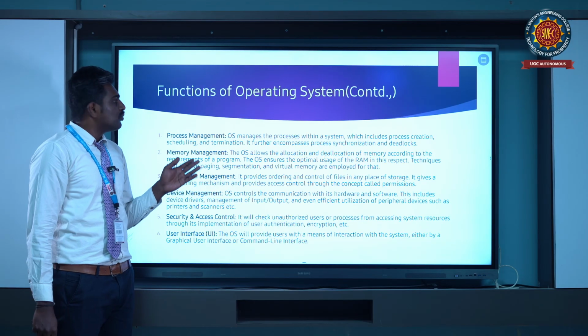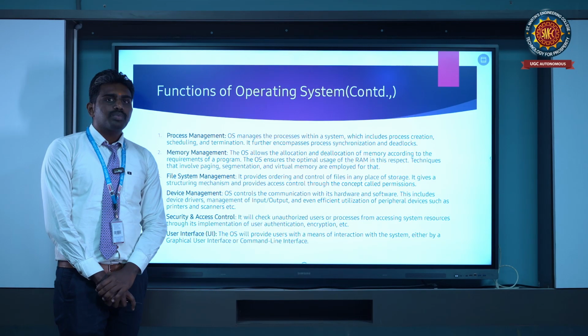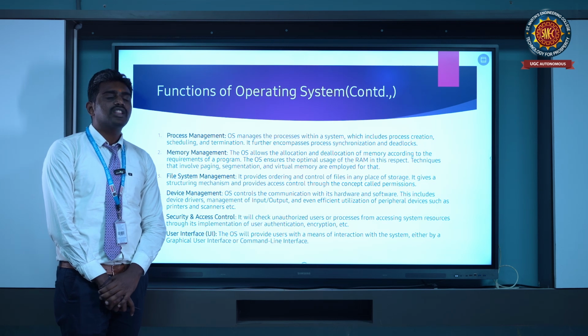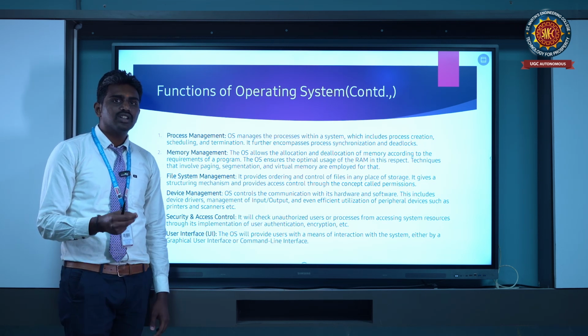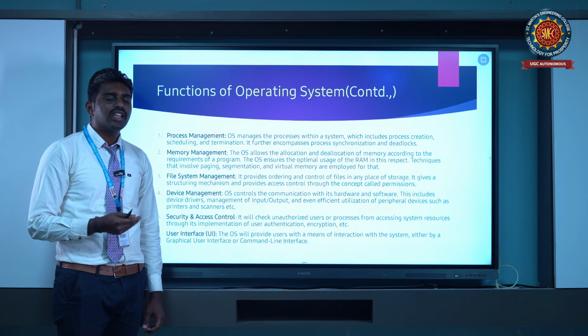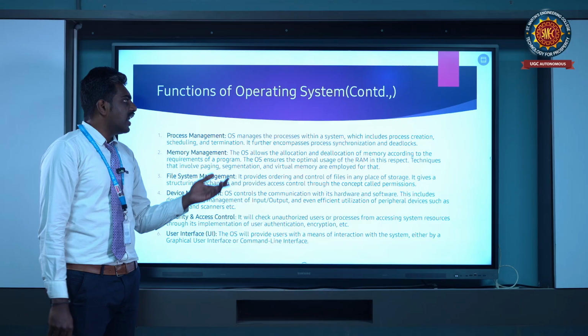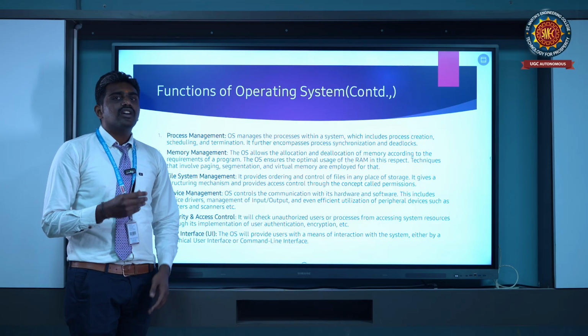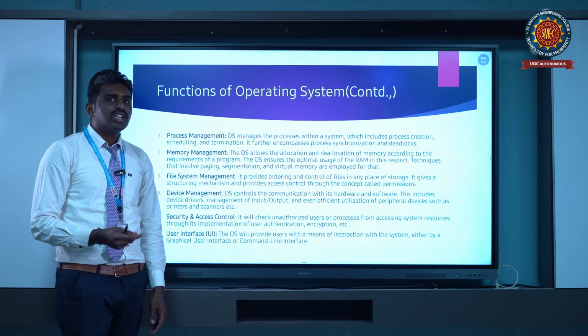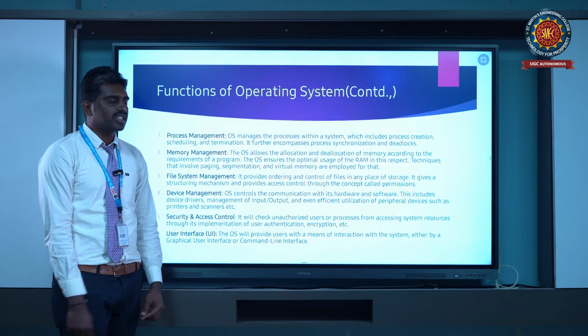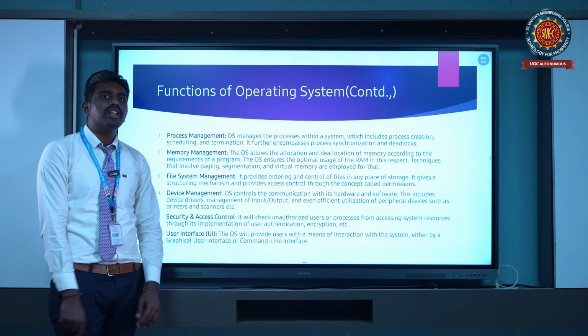First of all, we will see process management. What is process management? The operating system handles the creation, scheduling and termination of processes, and it further encompasses process synchronization and deadlock handling. The second one is memory management.